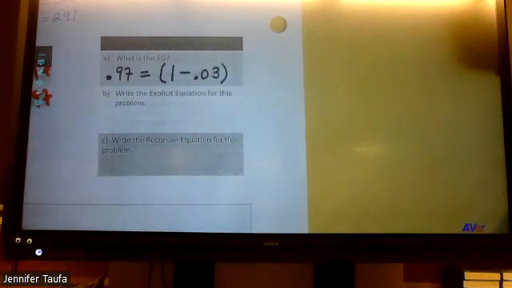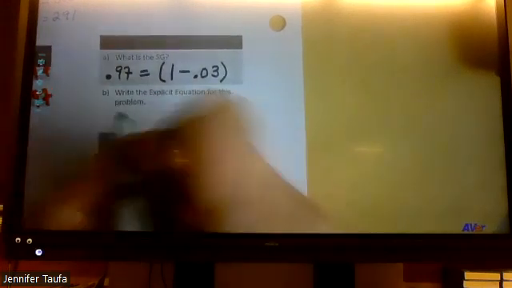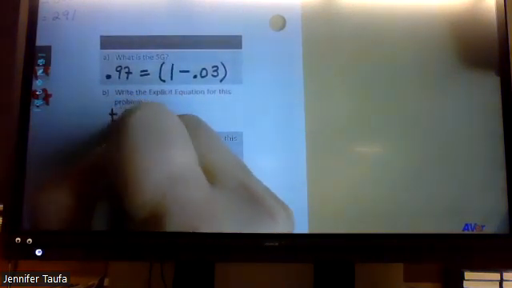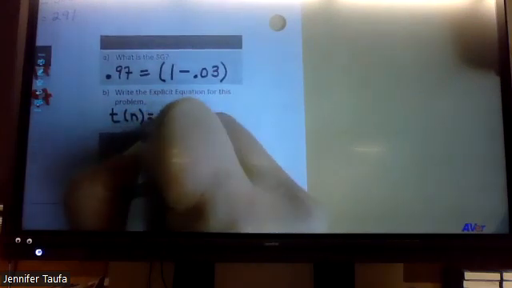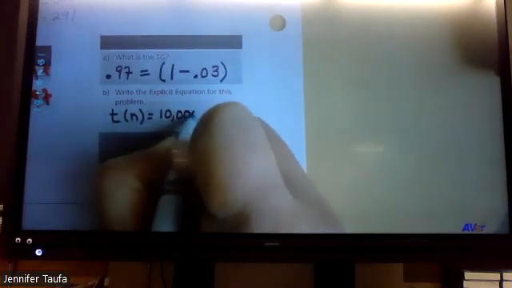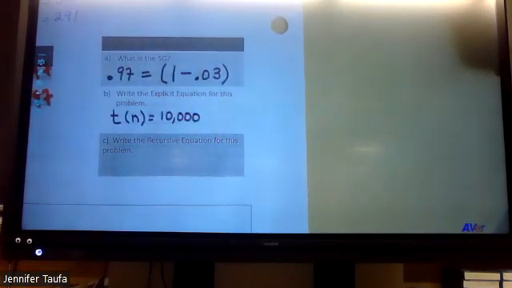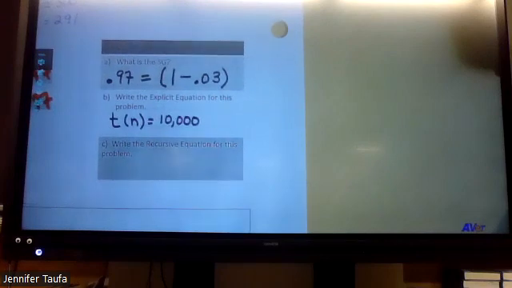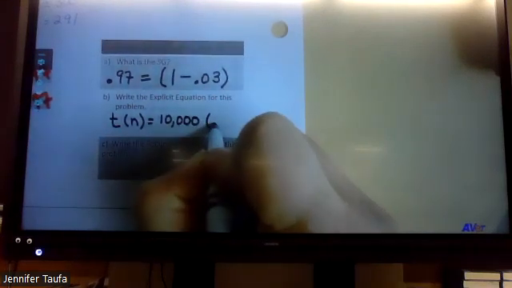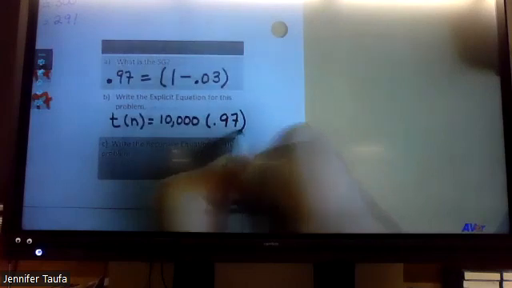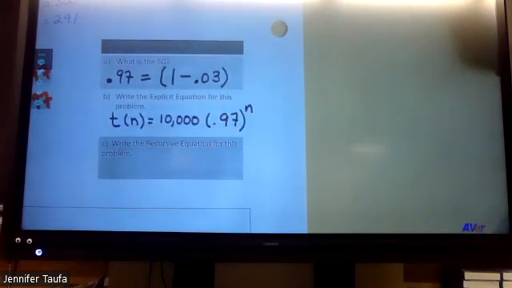Now write the explicit. All right, we're getting good at this. So my explicit equation is I started with 10,000 and I multiplied by 0.97 and raised it to the n power.